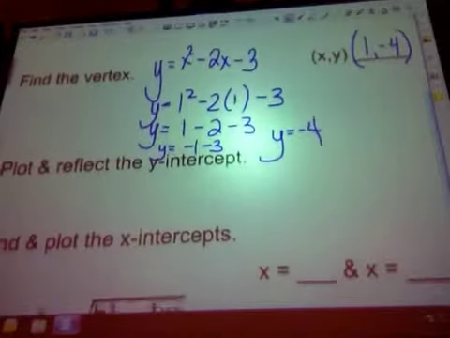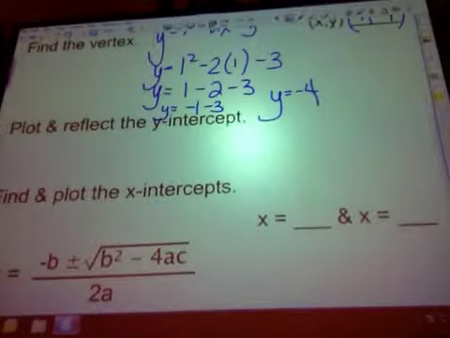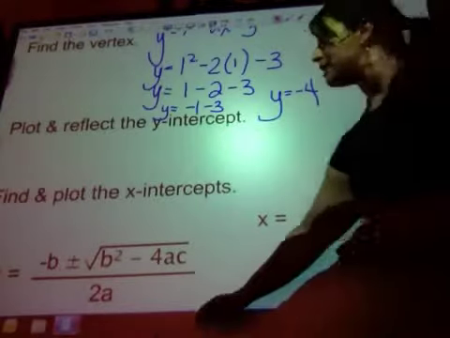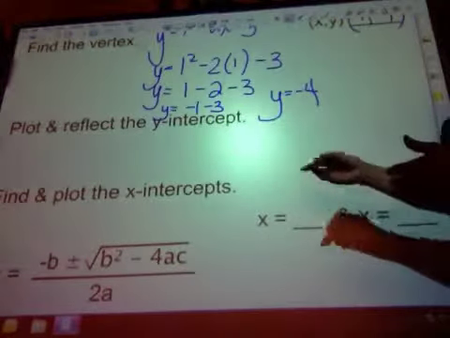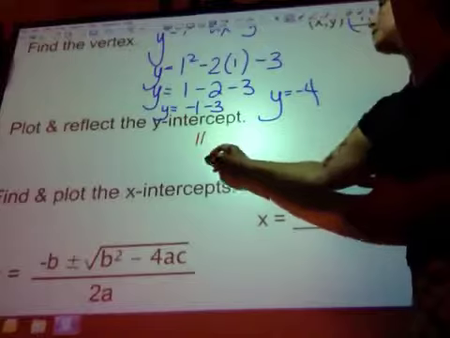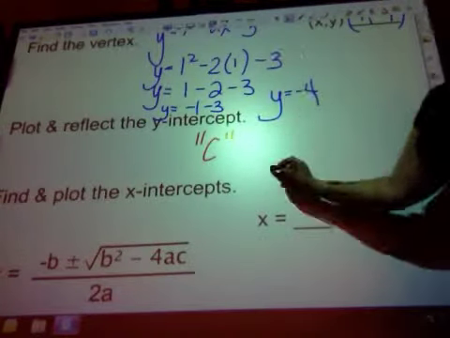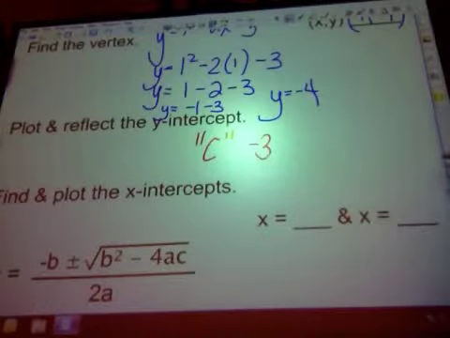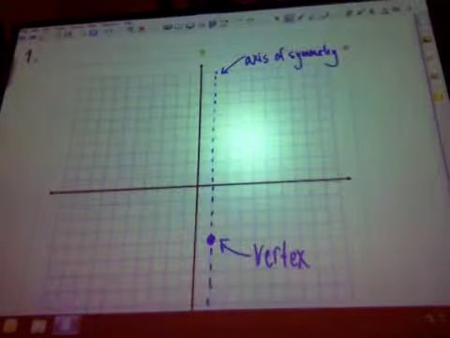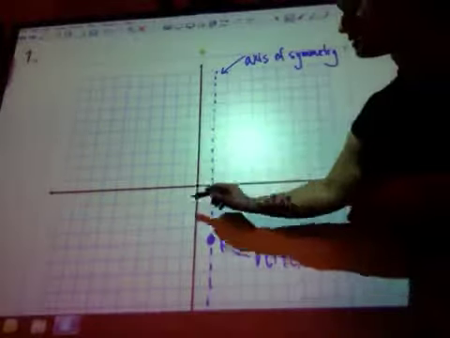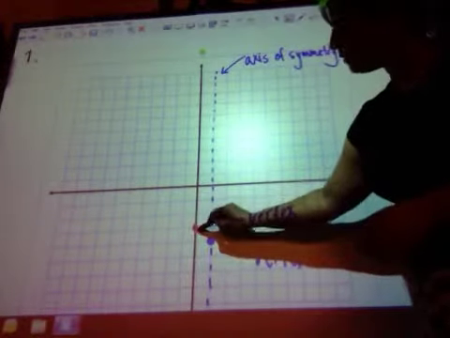After you find the vertex, the next step is to plot and reflect the y-intercept. In our original equation, the c always stands for the y-intercept. In our case, the c was the negative 3. So on the graph, we're going to come back to the graph, and we will plot on the y-axis our y-intercept of negative 3.